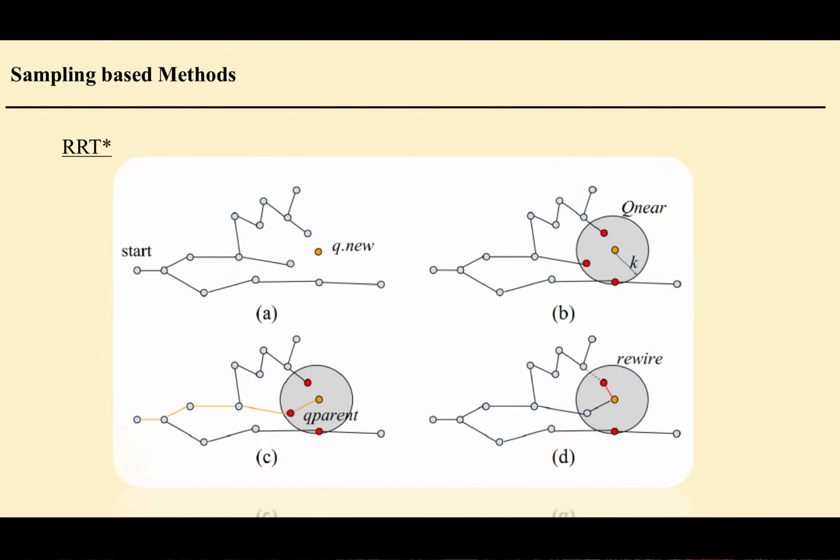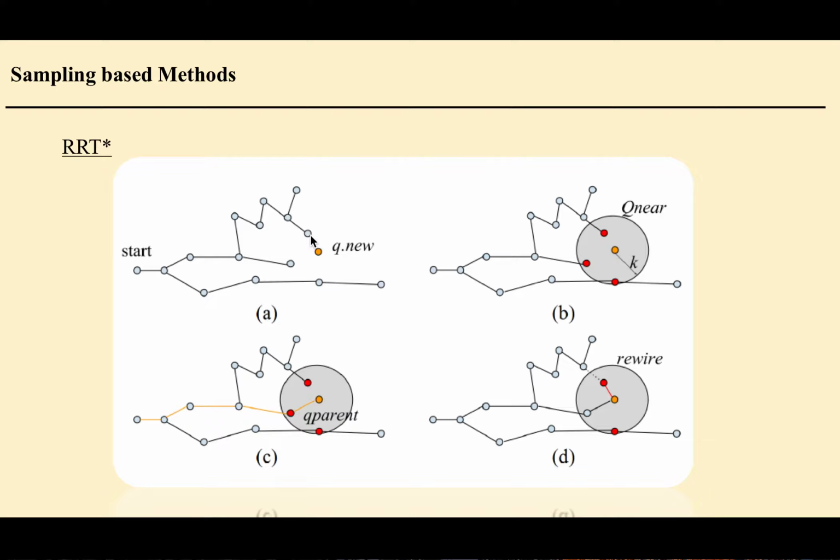It gives you the shortest path between the initial configuration and the goal configuration. So our goal here is the best case scenario, or the best path, or the shortest path between 2 points. The initial or basic step for RRT star is somehow like RRT, but there is a huge difference afterward.